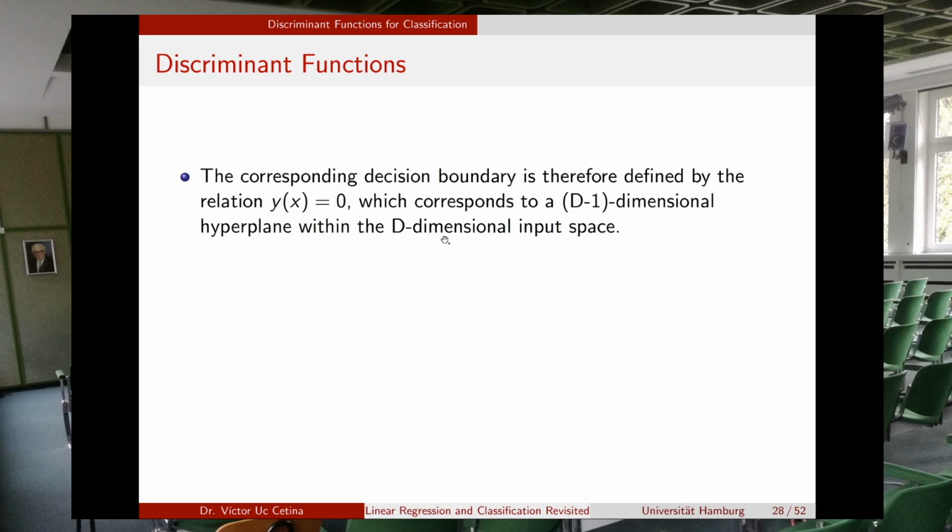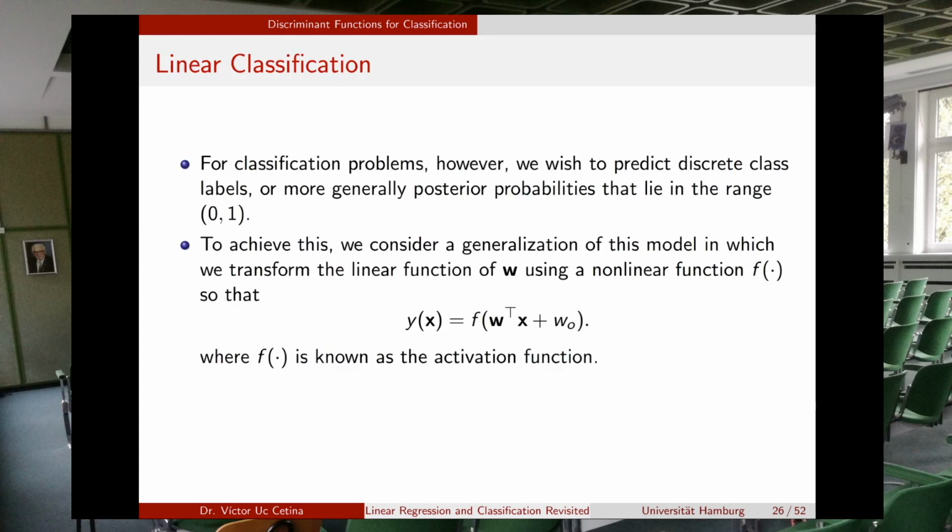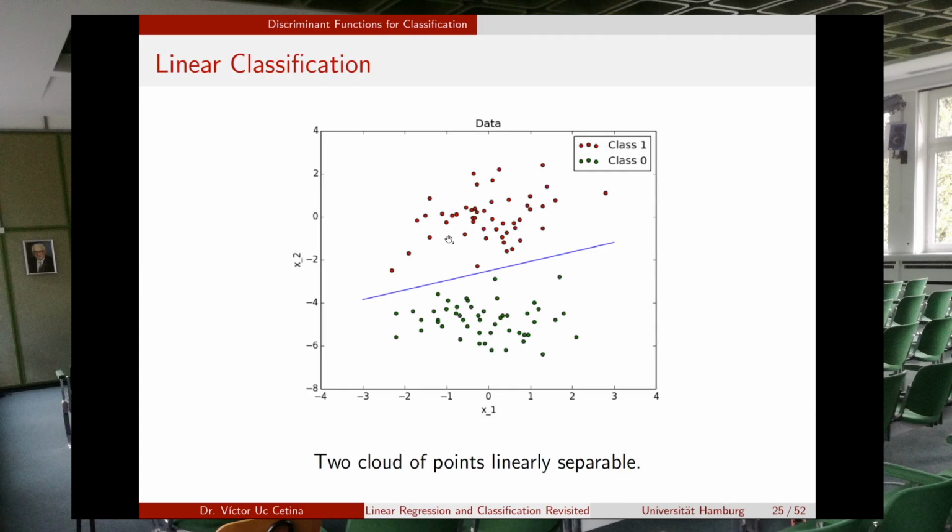vectors. Let me explain this again with the previous plot. Here we have our points that are in a two-dimensional space. Each point is defined by two variables, x1 and x2, the coordinates of these points in this 2D plane. And our decision boundary is this line.